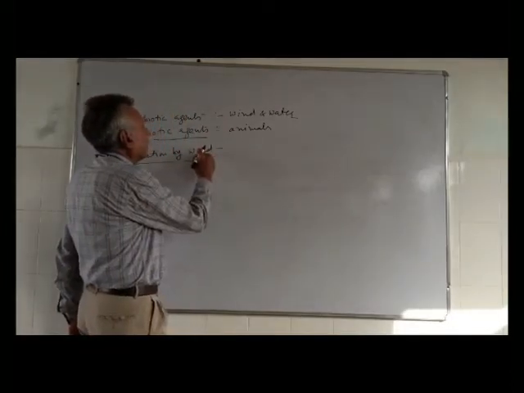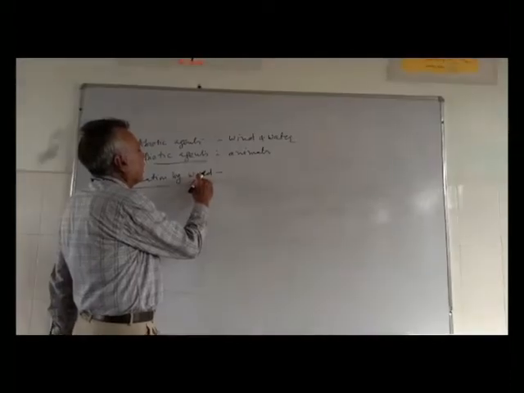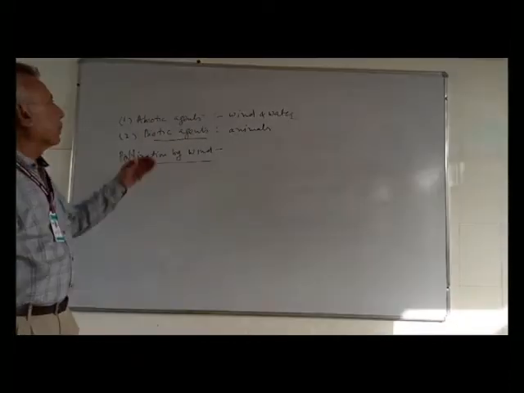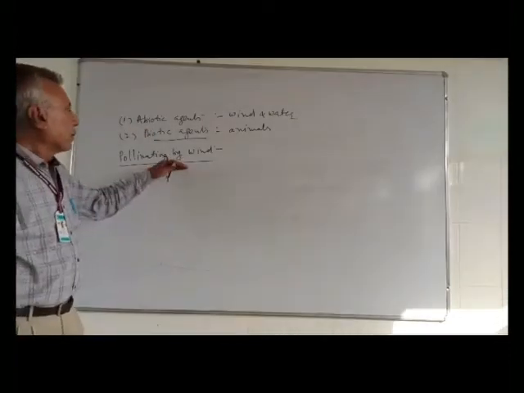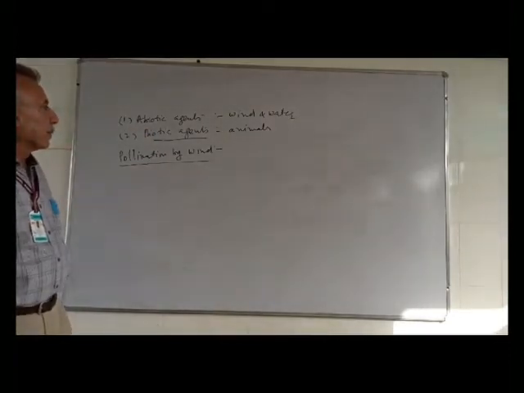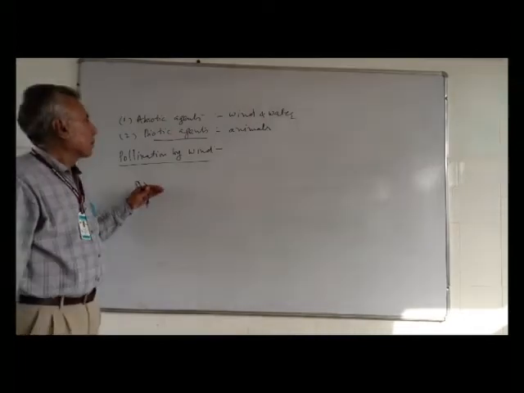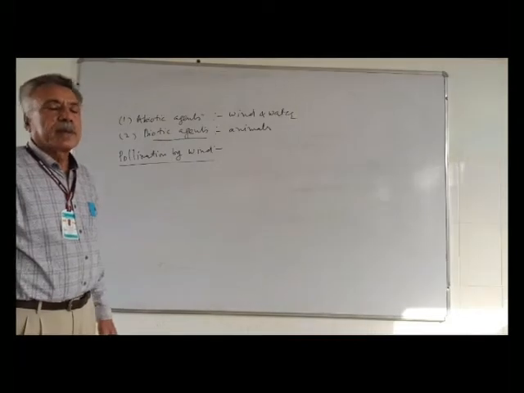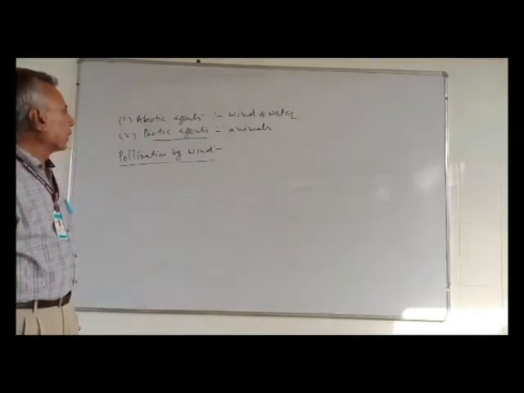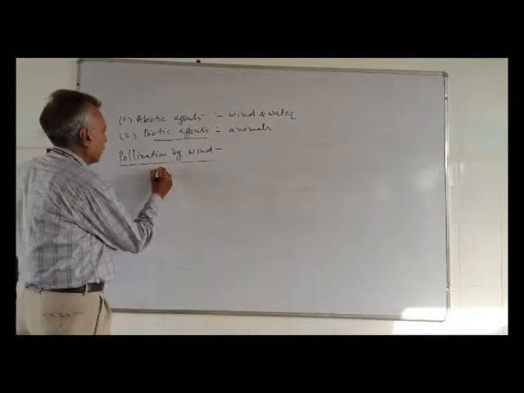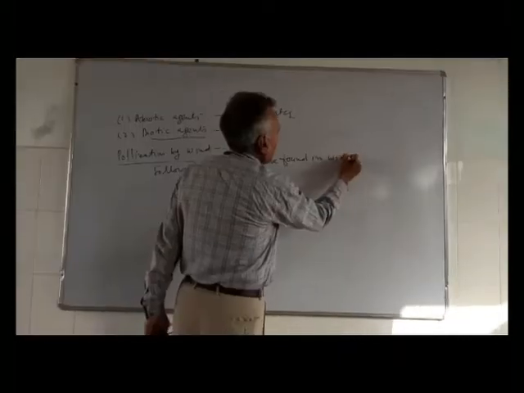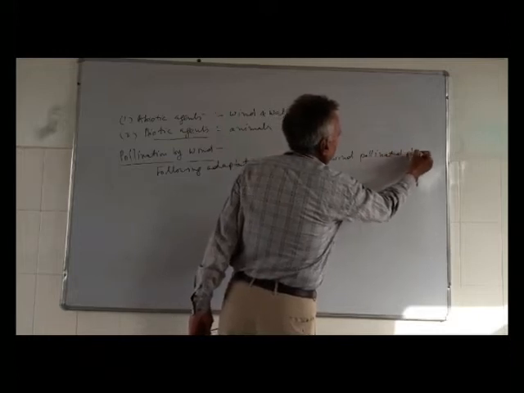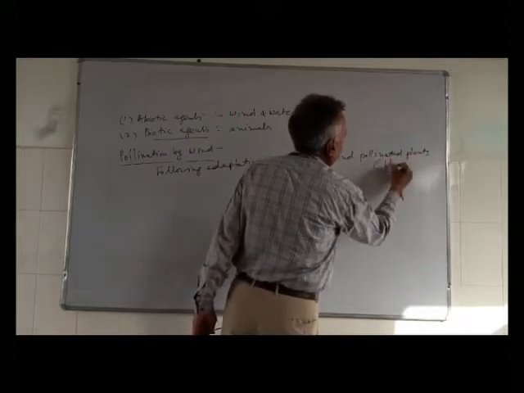In more plant species, pollination takes place by wind than by water. Now the adaptations shown by the plants, by the flowers, that are pollinated by wind.